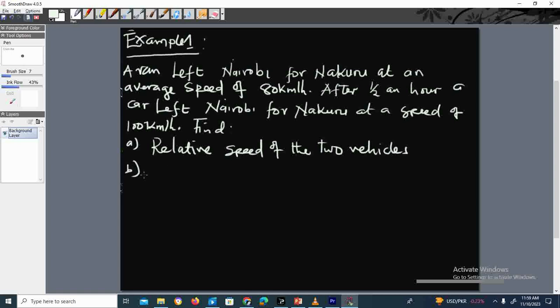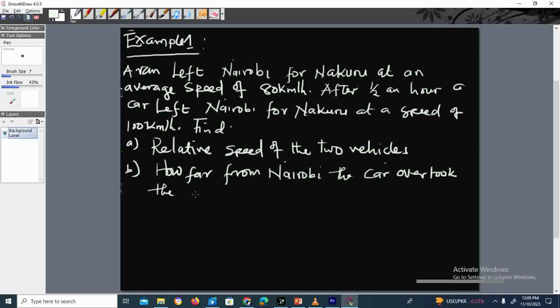Then B, how far from Nairobi the car overtook the van. This is our question. You can pause the video, try and solve the question, so that you get the answer.